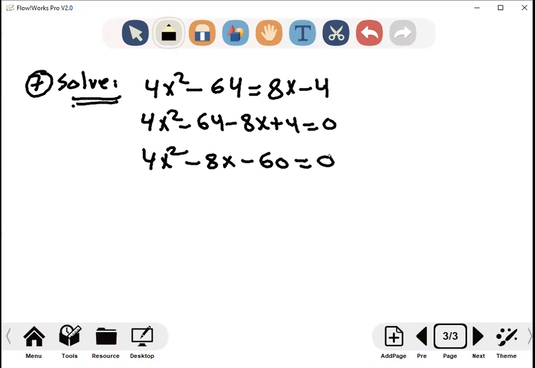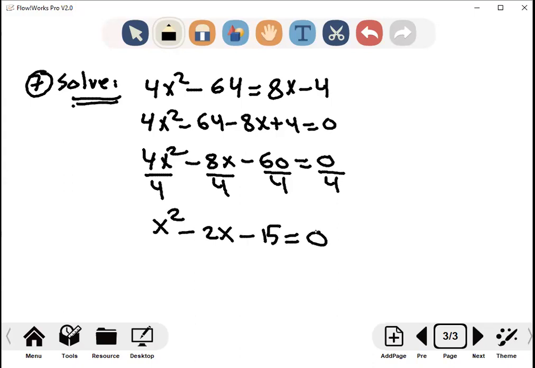Can you get rid of the 4? Yes, you can. Divide by 4. If you didn't divide by 4, you will get into A and C, remember? Which makes it a little bit difficult. But here, this will be x power 2 minus 2x minus 15.